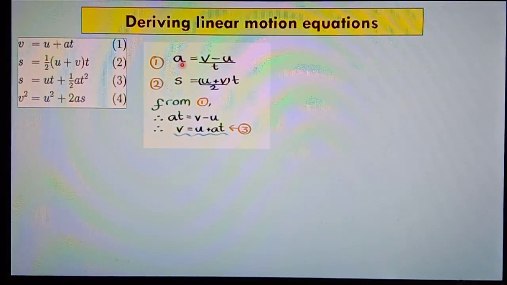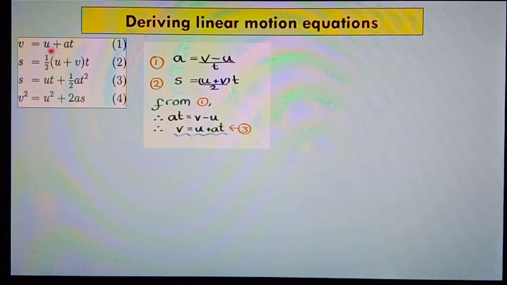So we have acceleration equals final velocity minus initial velocity, divided by time taken. By rearranging this equation to make v the subject, we get v equals u plus at. This is the first equation of linear motion.